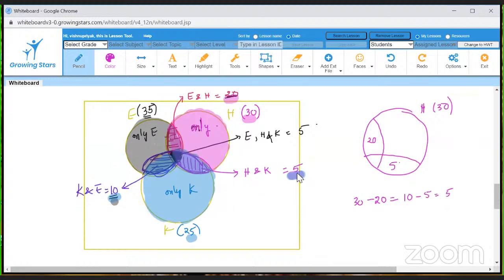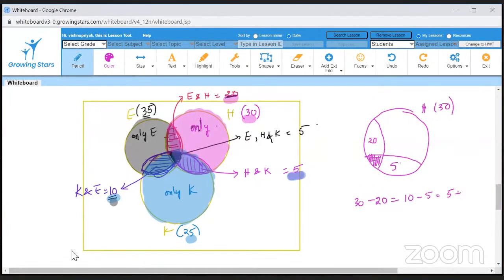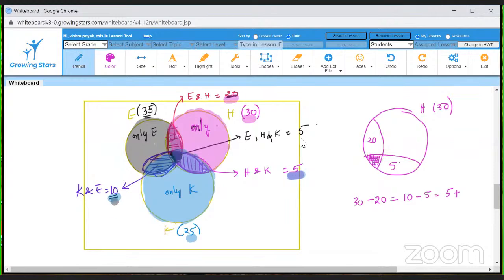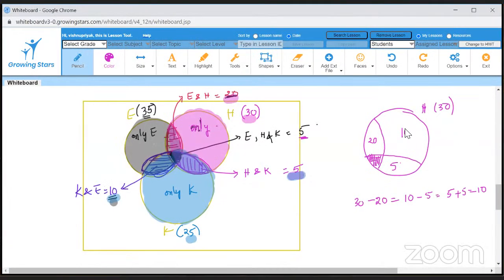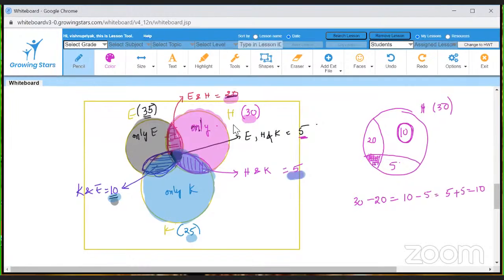Because along with Kannada, they speak Hindi also. But in this process, this triangle I have removed 2 times. So one time I will add. What is this triangle? 5. That means 10 people speak only Hindi.